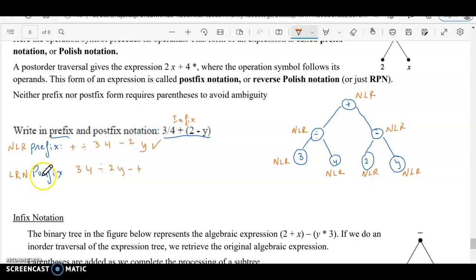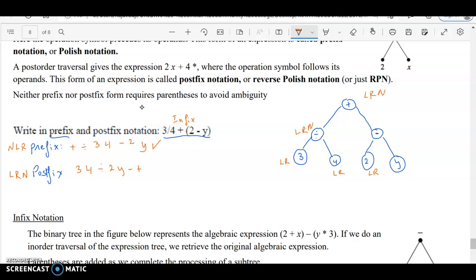And for the postfix, what does it mean? Post means the operation is at the end. That means the node is at the end. So similarly, I just need to write the node at the end, and we follow the steps. So we do left, right, then you copy the node.